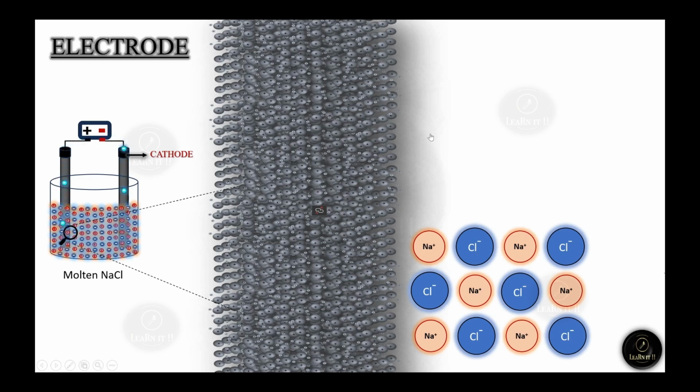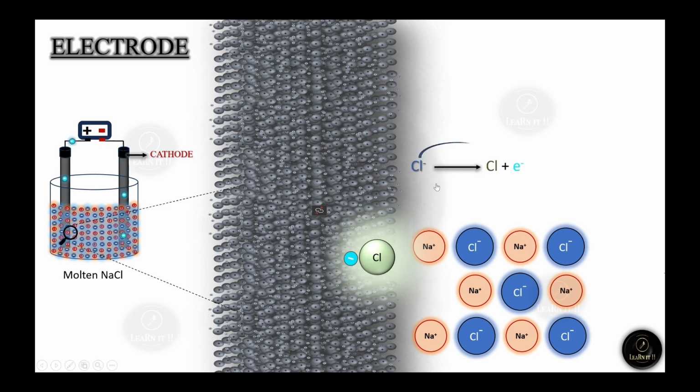So as it is positively charged, Cl minus ions get attracted, and this Cl minus ion or chloride ion loses one electron. So this loss of electron is called as oxidation. So the place where oxidation takes place is called as anode. So in conclusion, the electrode which is connected to positive terminal of the battery in an electrolytic cell is called as anode.